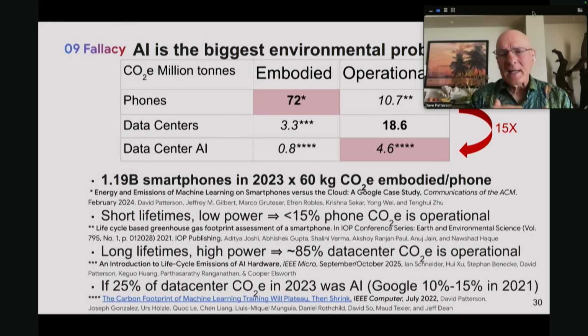And AI, again, is only a piece of what's going on in the data center. We published papers a few years ago that it was 15% of Google, maybe it's 25% now, but you pick your number. Basically, the embodied carbon emissions of the 1 billion phones a year that we use are on the order of a factor of 15 higher than the emissions from data center AI.